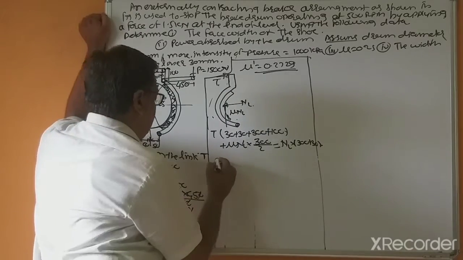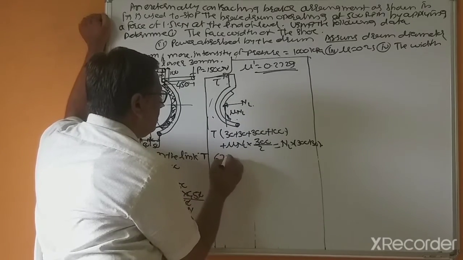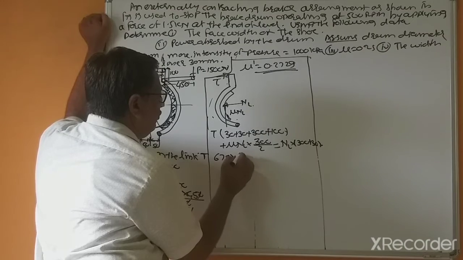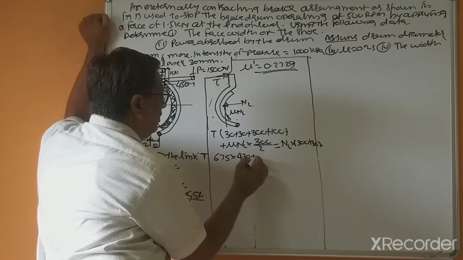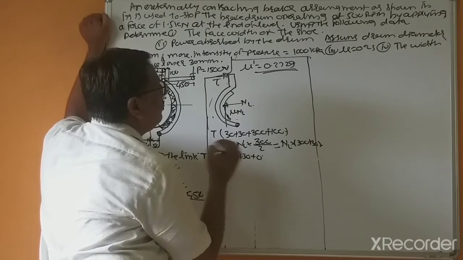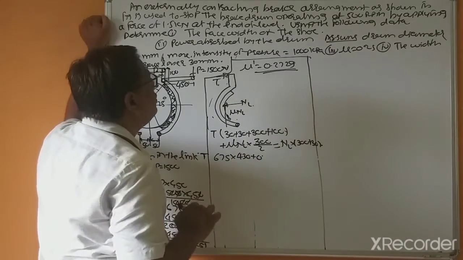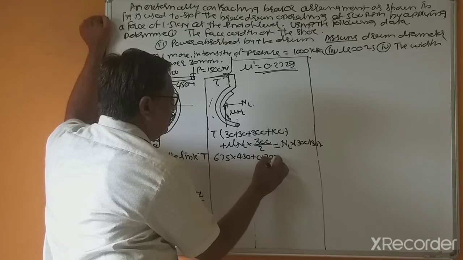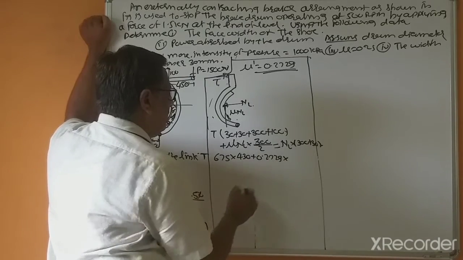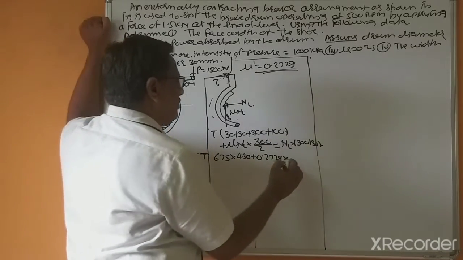T equal to 675 multiplied by 430, this is equivalent coefficient 0.2729 multiplied by NL, that is to be calculated.